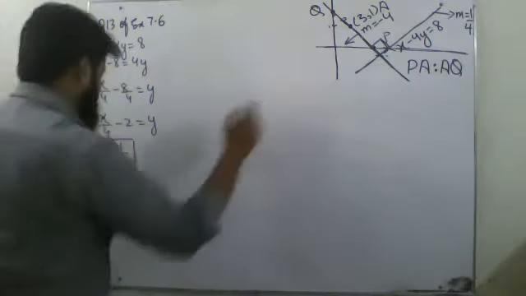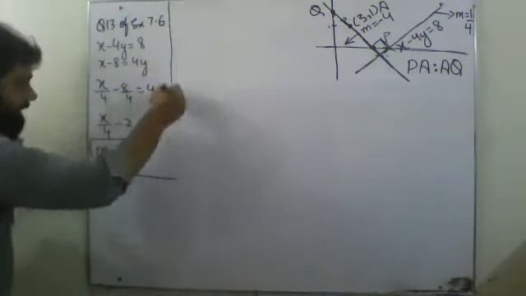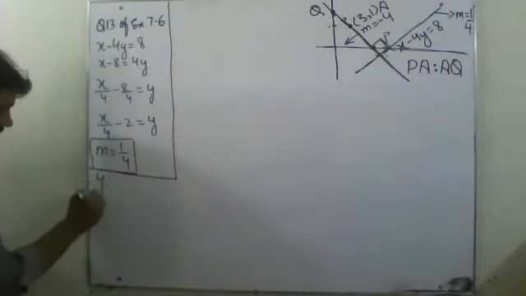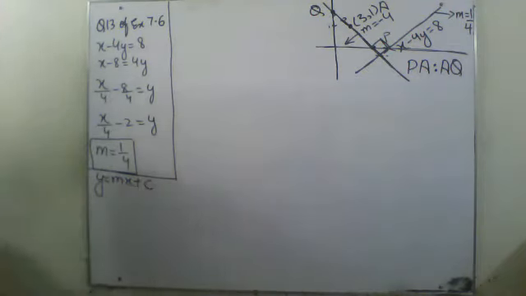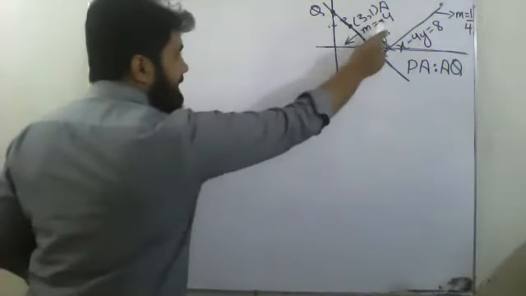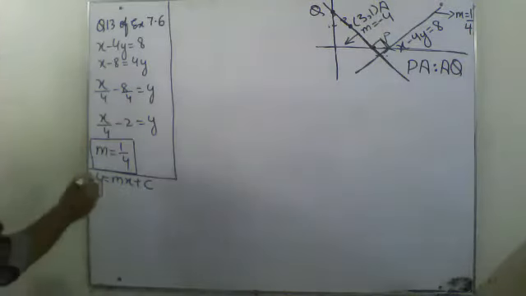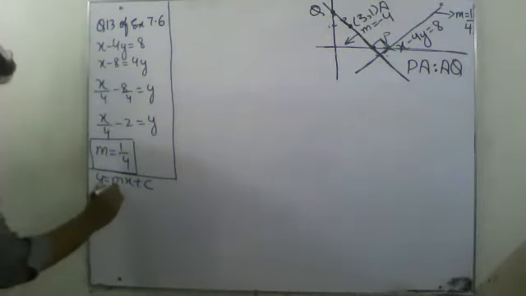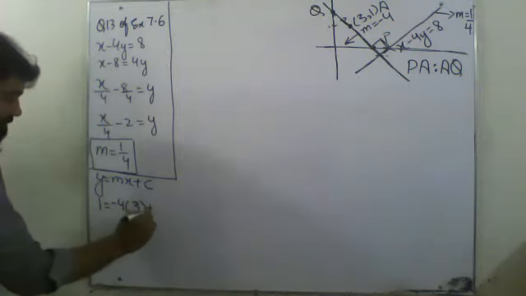How will I find it? We know that the equation of a line is y equals mx plus c. Okay. Now m is given, minus 4, and x, y. So y is 1, m is minus 4, x is 3, plus c.